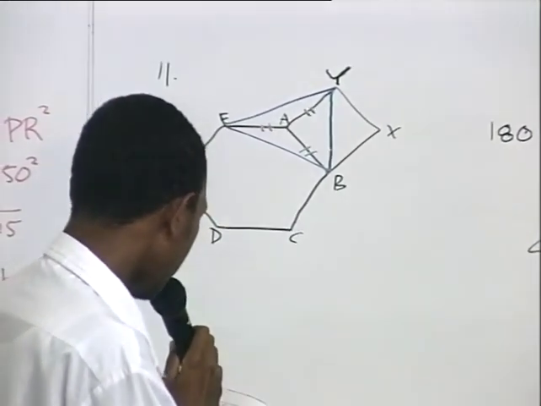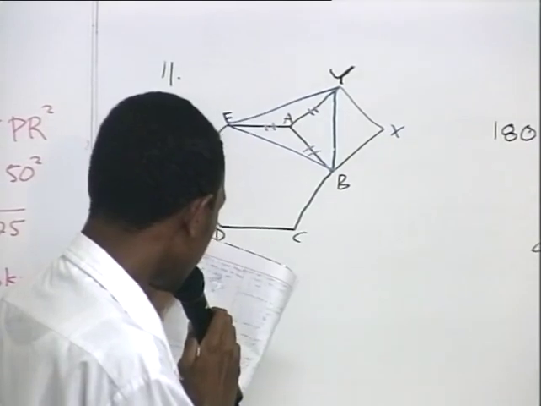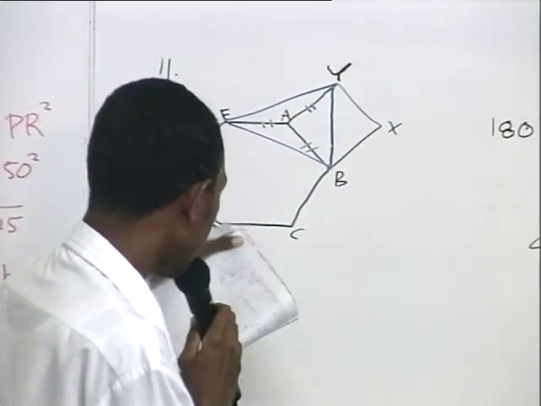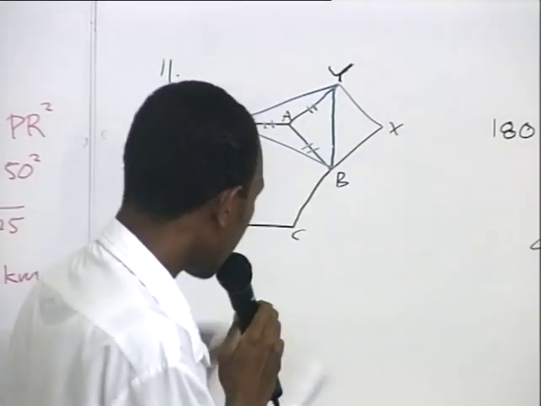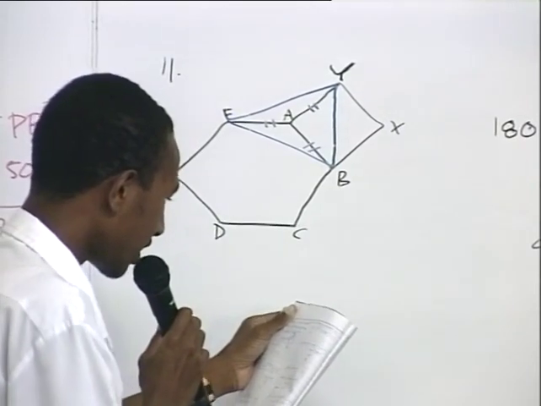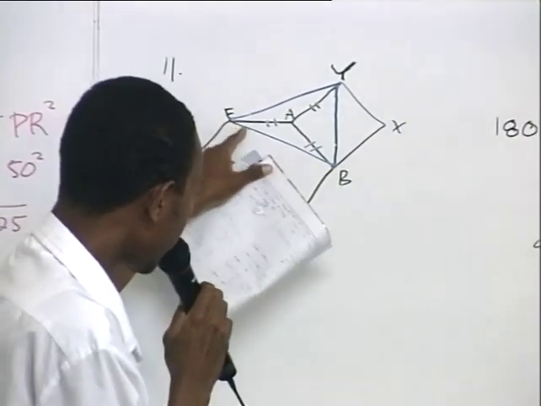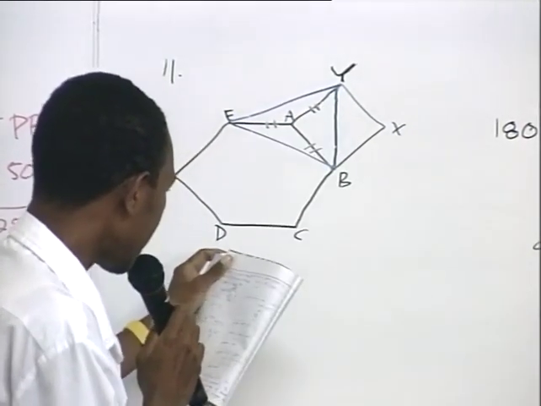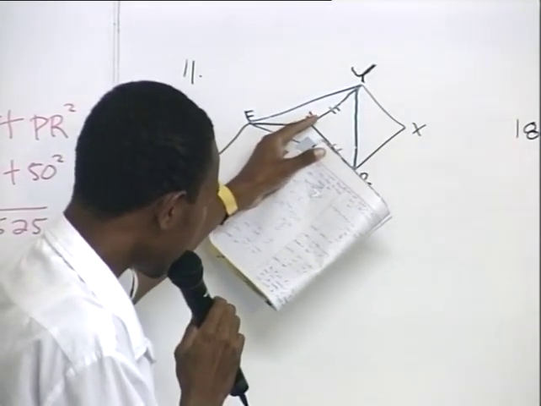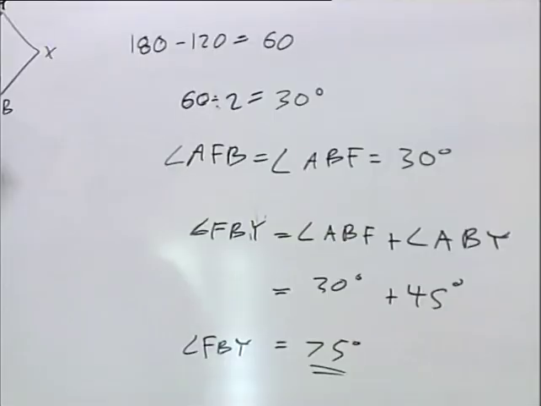Then we know that angle AFY is equal to angle AYF, these two angles in the isosceles triangle. So 180 degrees minus 150 degrees is 30 degrees, and 30 degrees divided by 2 gives 15 degrees for each of these isosceles angles.